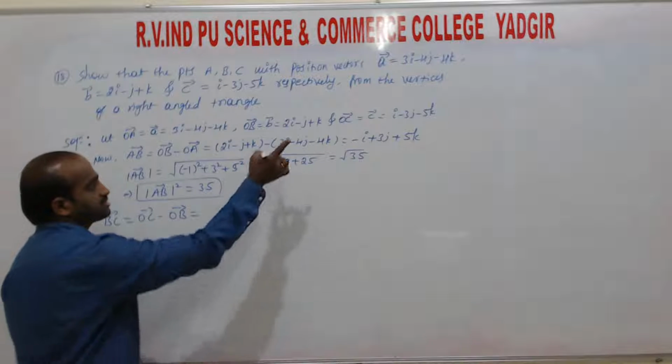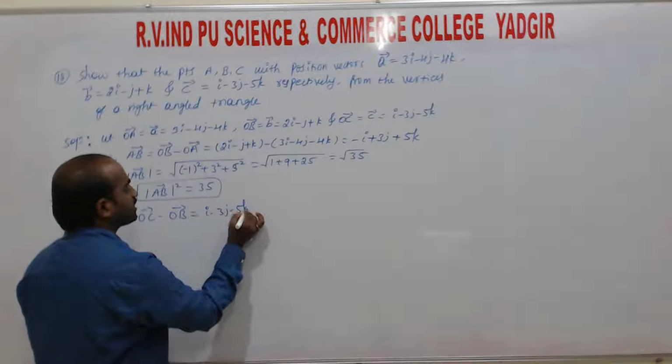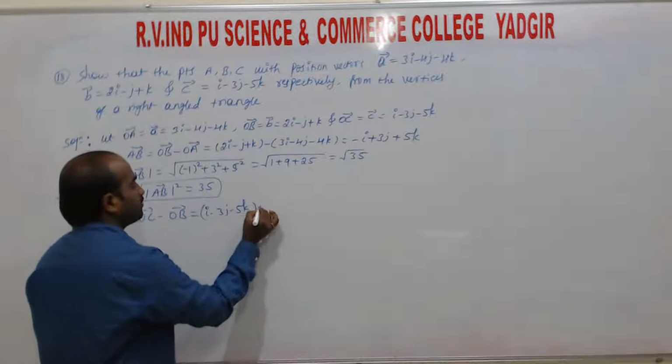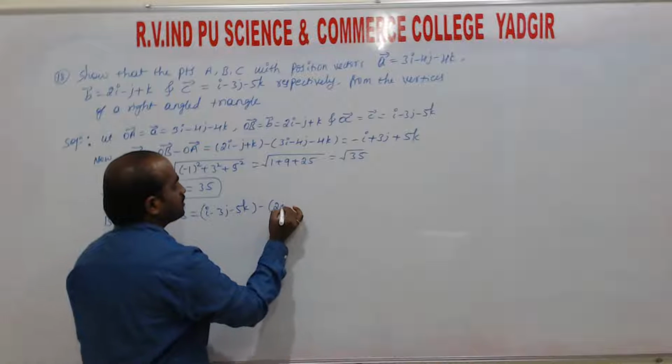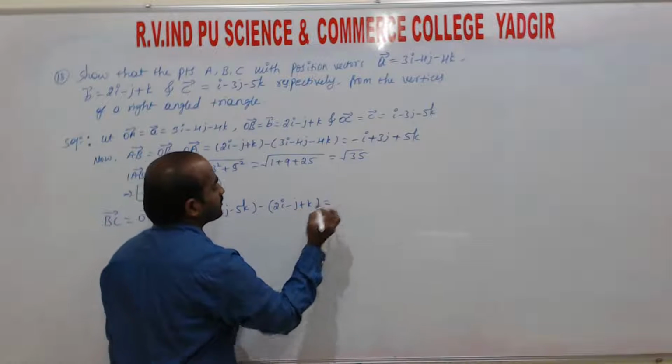The OC vector is i minus 3j minus 5k, minus the OB vector, 2i minus j plus k.